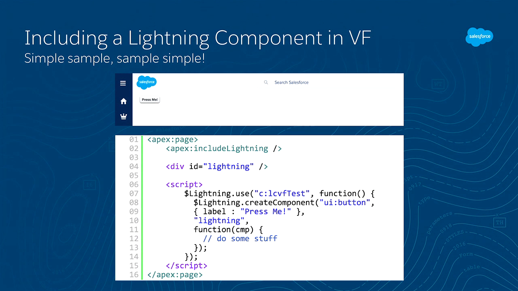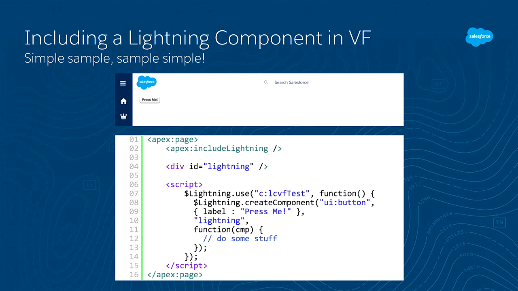In my script, $Lightning.use and c:lcvfTest, that is the dependency app I've created. It will have a callback function, which will have the $Lightning.createComponent function, which creates the component inside it. This is where you give the component name and the label, what it should say, which is an attribute. Attributes are passed as a JavaScript object, and the value, and a callback function.